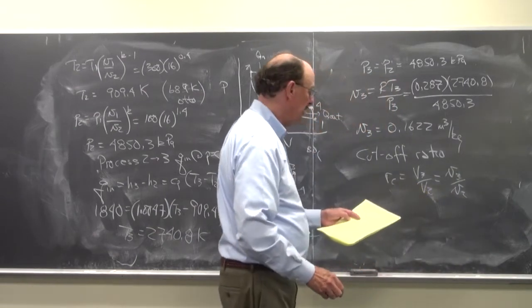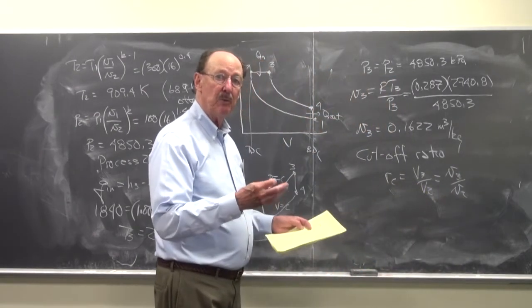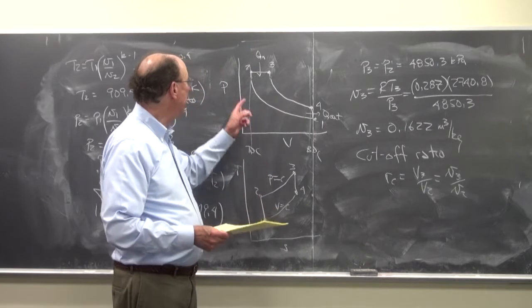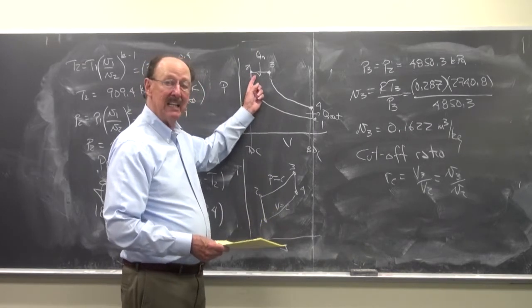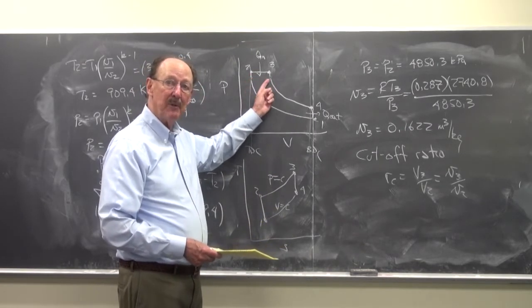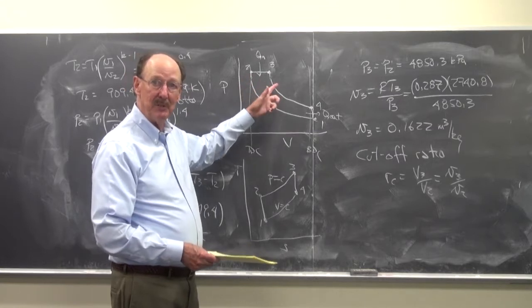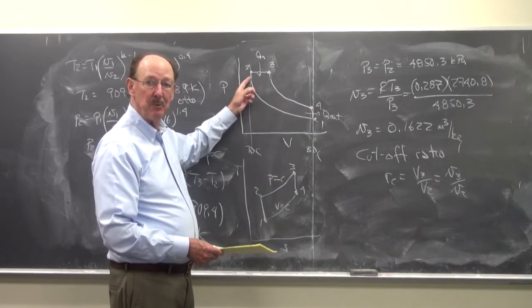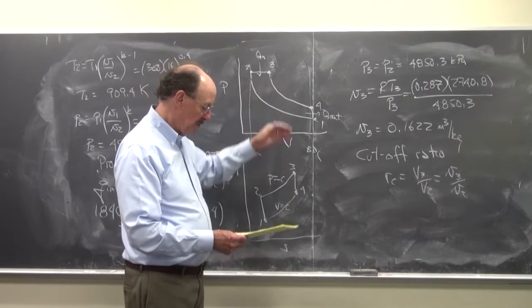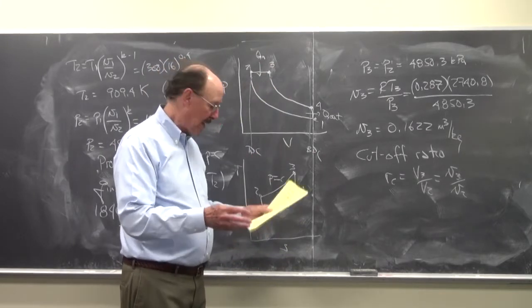And that's R sub C. In an actual engine, it characterizes the length of fuel injection. So the cutoff ratio means when do you cut off the fuel injector from injecting. And so that's where it comes from. So this cutoff ratio, we do use that to describe the cycle.